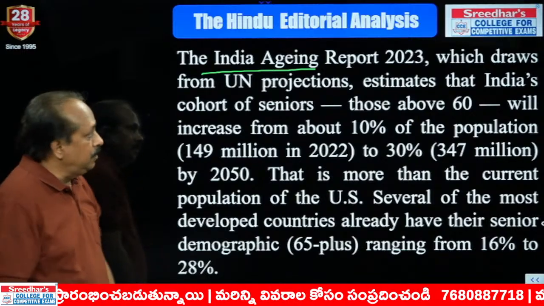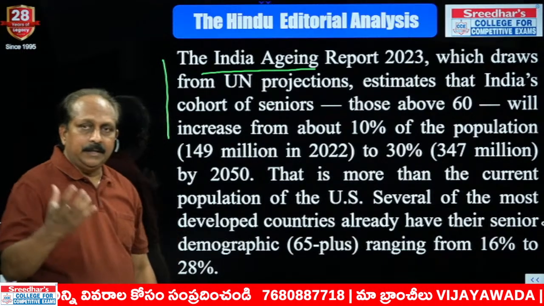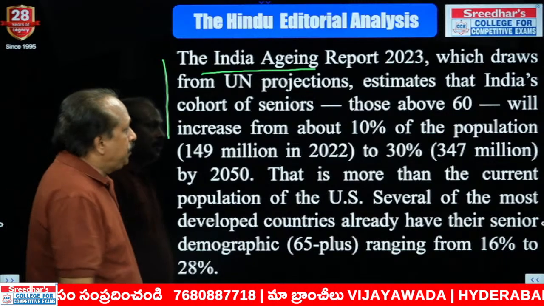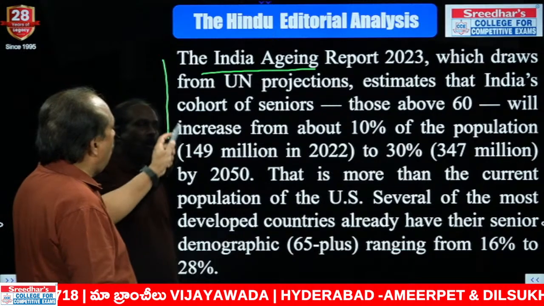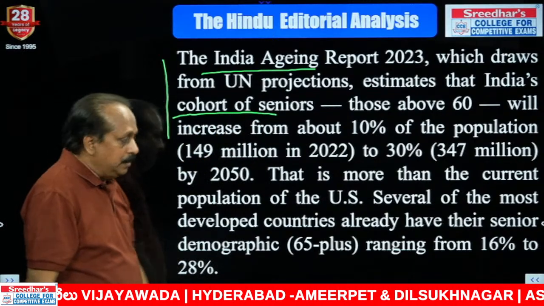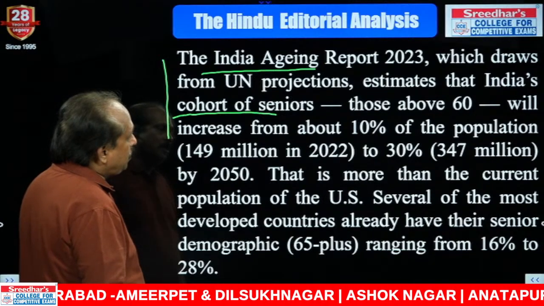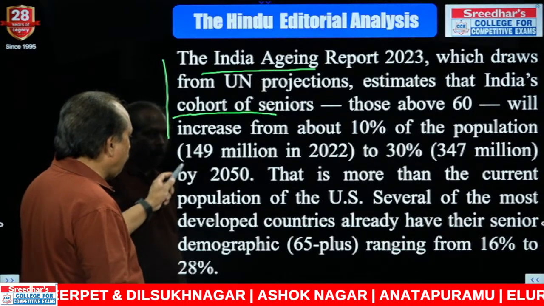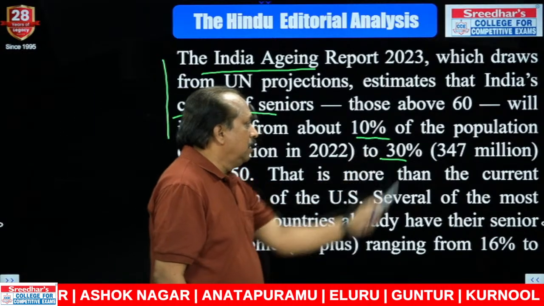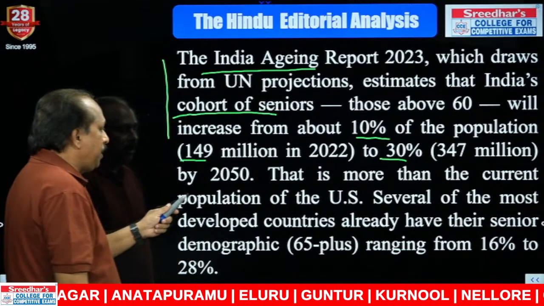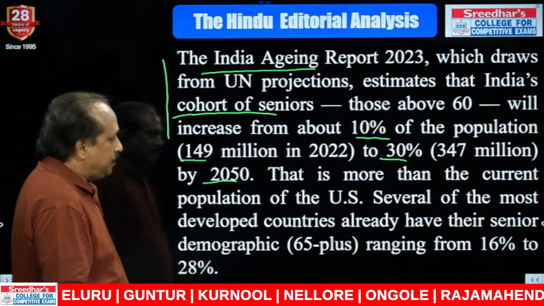The India Aging Report 2023, which draws, here draw means get, collect, from UN projections, estimates that India's cohort of seniors, group of seniors, those above 60, will increase from about 10% of the population, 149 million in 2022, to 30%, 347 million by 2050. That is more than the current population of the US.